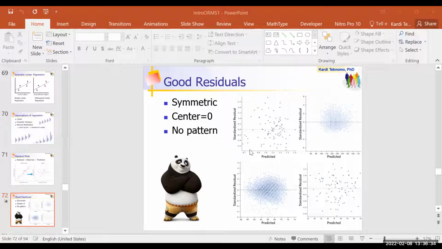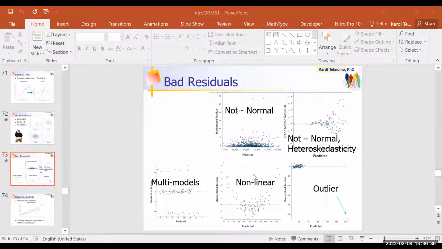Bad residual: you can see that it is not normal, or the variance becomes bigger, or it is non-linear, or multimodal, meaning there are several categories, or there is an outlier.